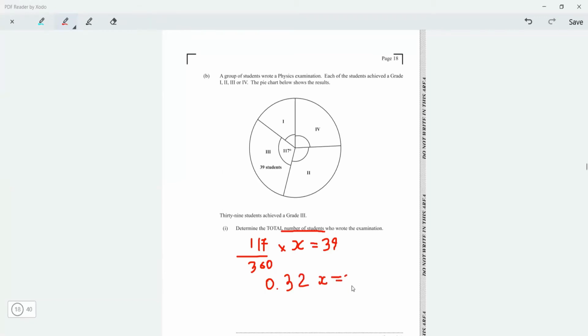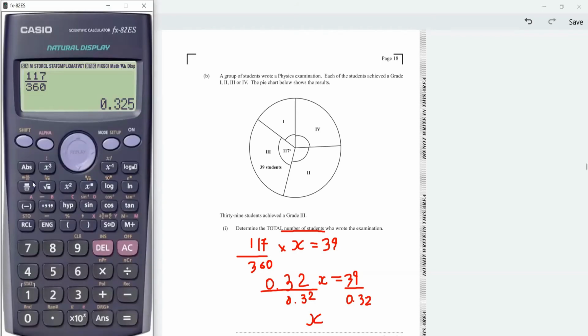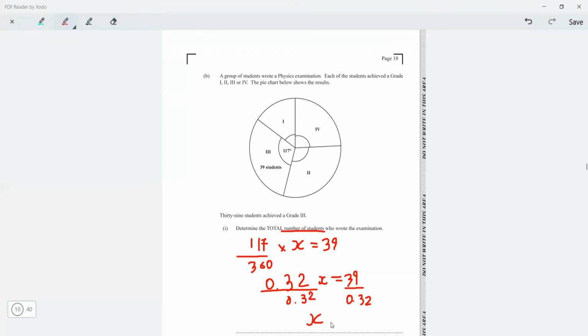So divide both sides by 0.325, and that will give you the total amount of students. So x is equal to 39 divided by 0.325. There are 120 students who wrote the exam.